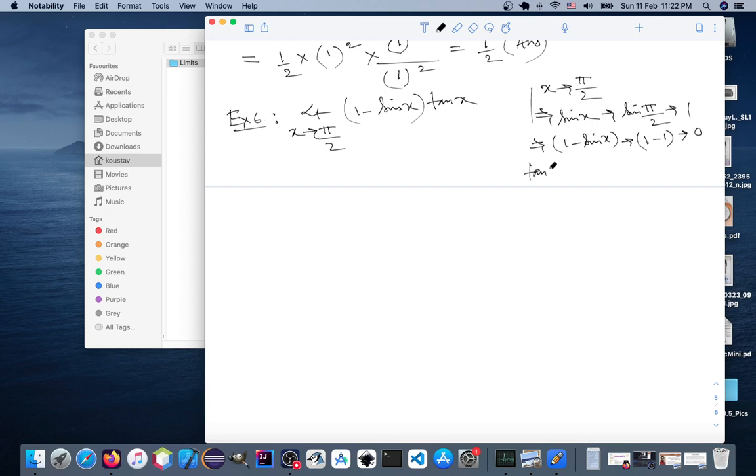Tan x equals sin x by cos x, tending to sin pi by 2 over cos pi by 2, that is 1 by 0.